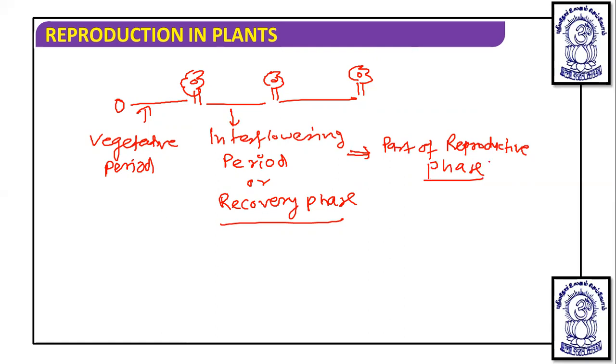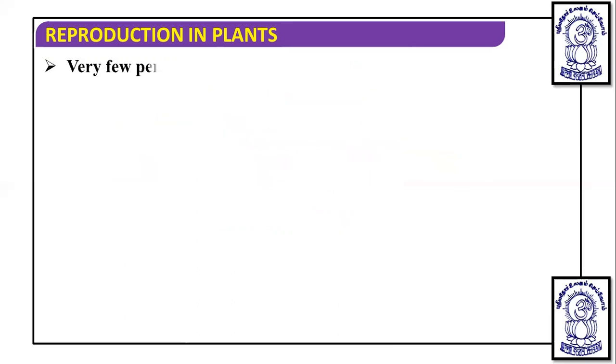And during this interflowering period, the plant tries to capture the nutrients and hormones which are required for flowering. This is one of the important periods between the two flowering, which is used for building of resources. Okay, and it is not a part of the juvenile phase, but it's a part of the mature phase or the reproductive phase. Okay, so I hope you have understood this particular one.